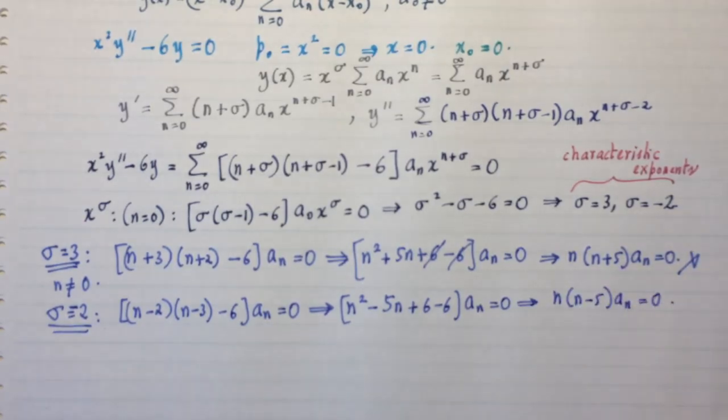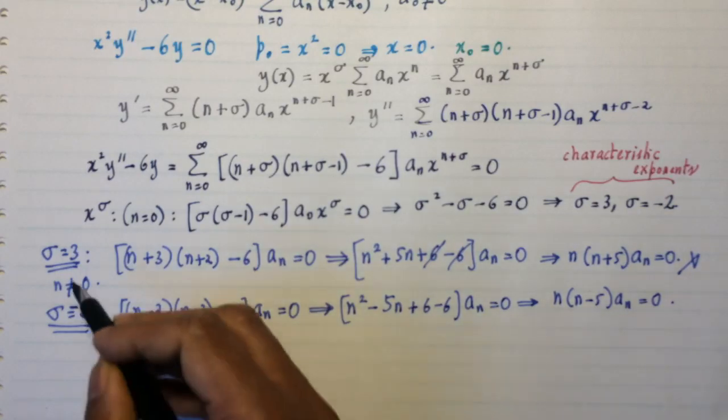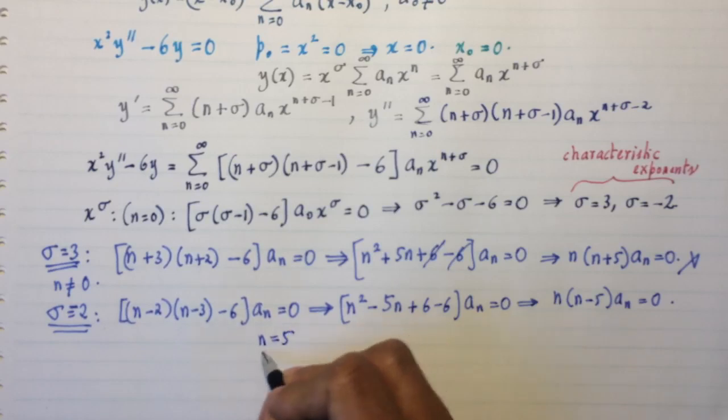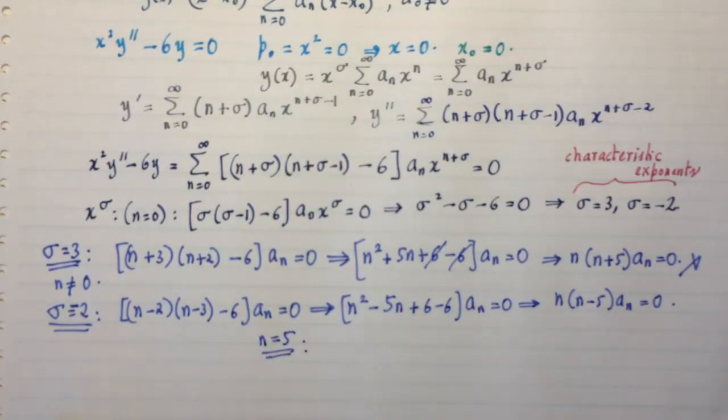We are in luck. n cannot be 0, but n can be equal to 5. So this way we are led to the solution of this differential equation.